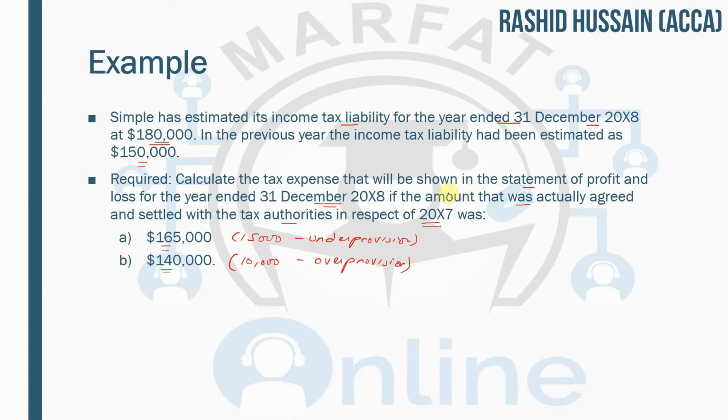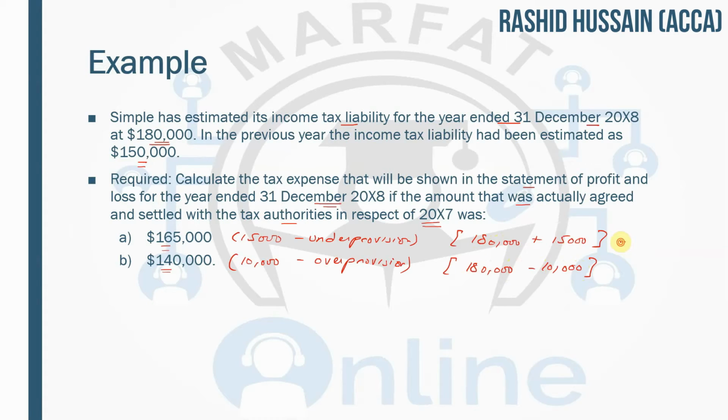So we can simply write this thing over here. 1,80,000 is the current tax provision. Under provision will increase the current year tax charge. This 10,000 represents over provision. Over provision will decrease the current year tax charge. So this is the answer to your question.